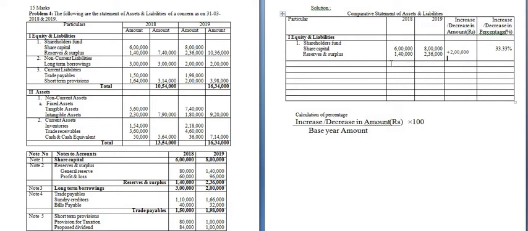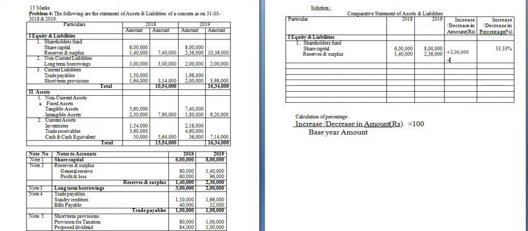How much is the amount of increase or decrease in the amount of reserves and surplus? From 1,40,000 it has become 2,36,000, which means the amount of reserves and surplus is increased by 96,000. Okay. It is increased by 96,000.